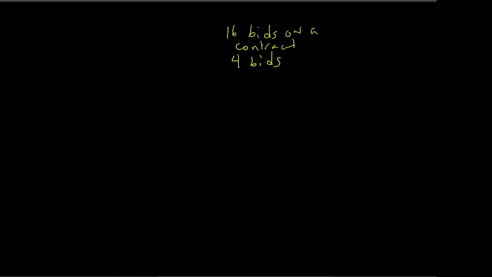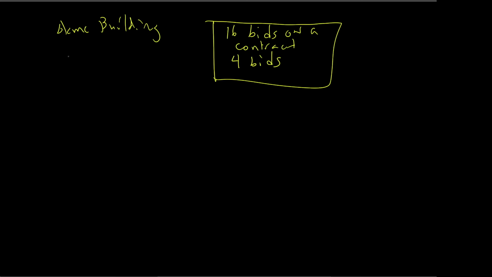I can only take 4 bids. Acme Building doesn't care that it came before Zen Building. If this order was flipped around, it wouldn't make a difference. We got the bid, we got the job. And so these are called combinations.